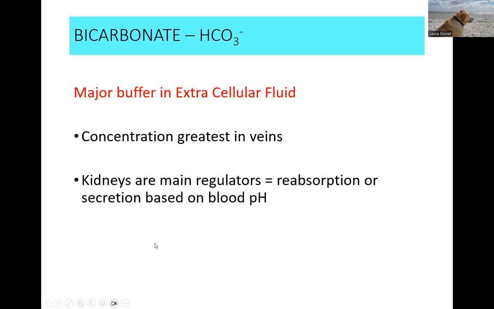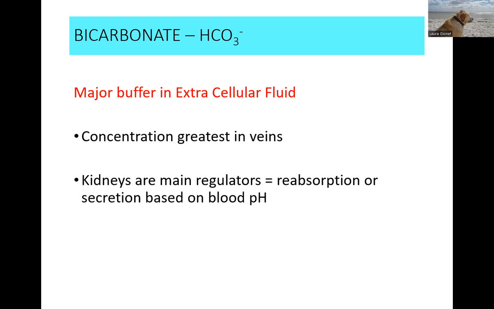Okay, bicarbonate, HCO3, is the major buffer in extracellular fluid, and that's why we're going to be looking at this pretty extensively in the acid-base balance. You have the highest concentration in veins because we have the highest concentration of carbon dioxide there. Remember, in venous blood, we have high carbon dioxide levels.